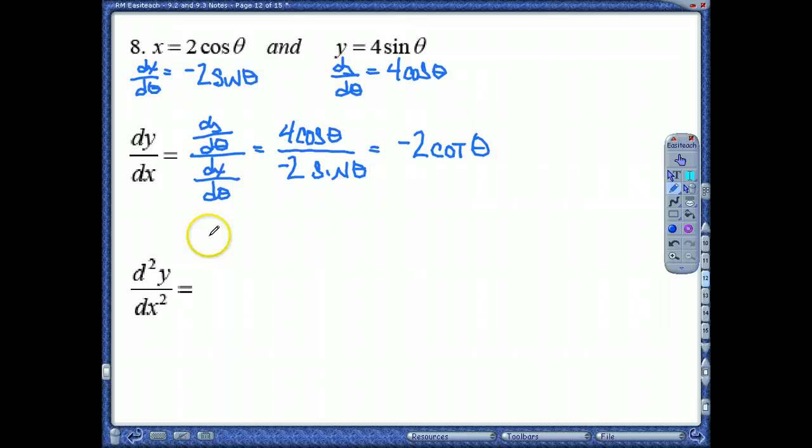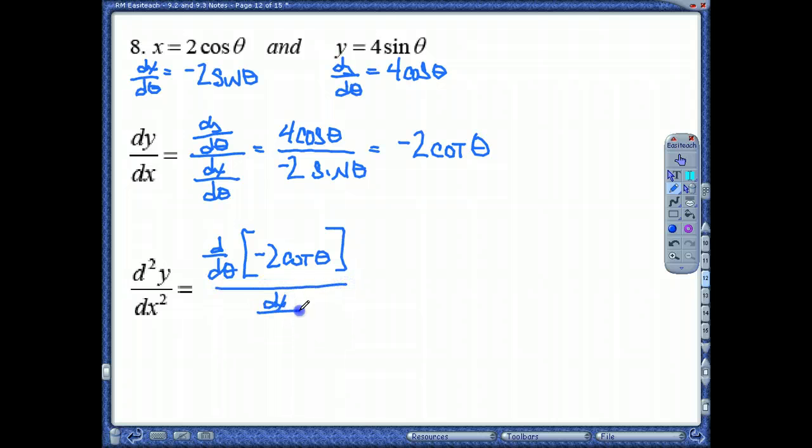So that second derivative, remember, is going to be the derivative of my first derivative with respect to theta, divided by dx over d theta. So the derivative of -2 cotangent is going to be +2 cosecant squared theta. dx over d theta is -2 sine.